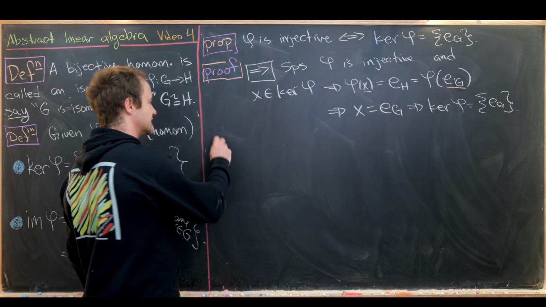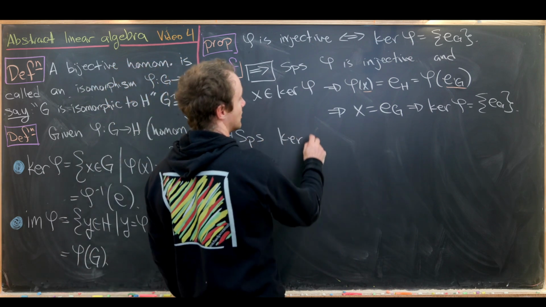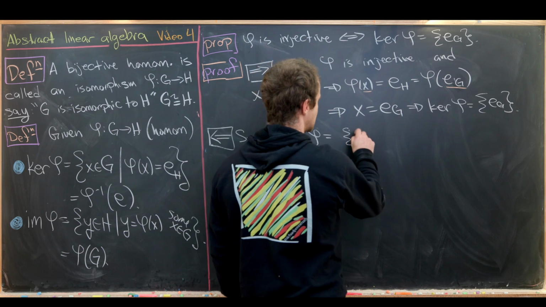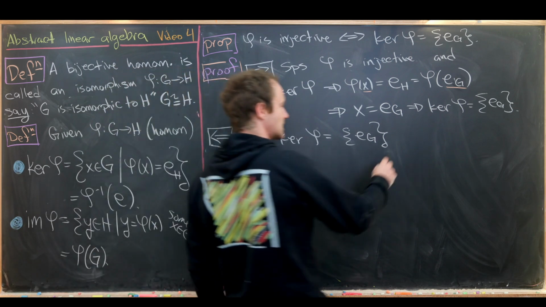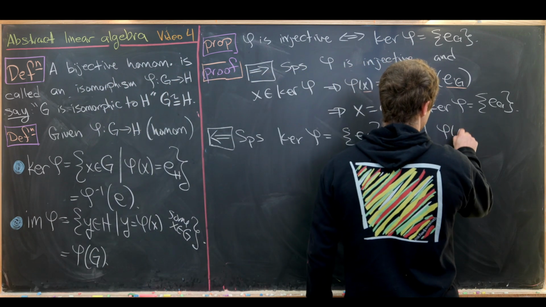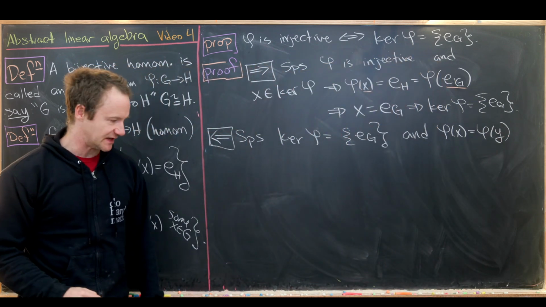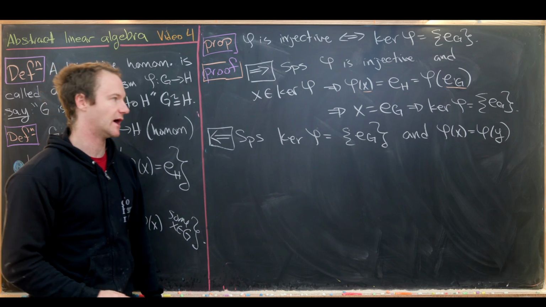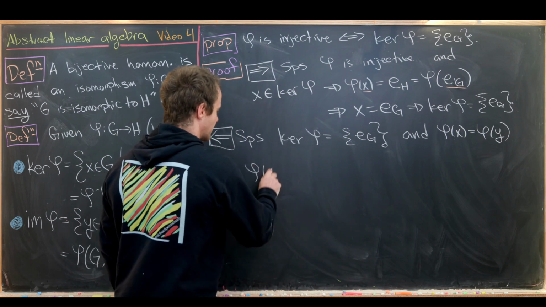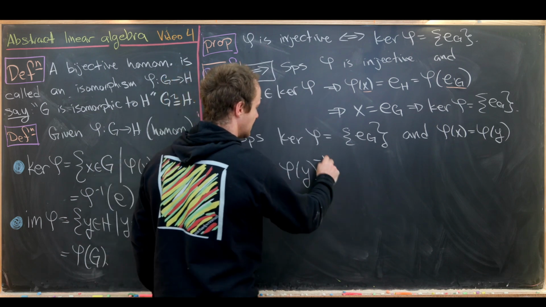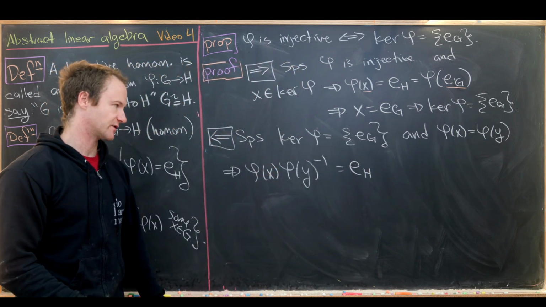Nice. Now let's do this reverse direction. So in other words, we want to suppose the kernel of phi is equal to {E_G}. So in other words, the kernel only contains that single element, and we want to suppose that phi of X equals phi of Y. And in order to prove injectivity, X must be equal to Y. Okay, so let's notice that we can take this equation right here and rewrite it as phi of X times phi of Y inverse is equal to E_H, just right multiplying by phi of Y inverse.